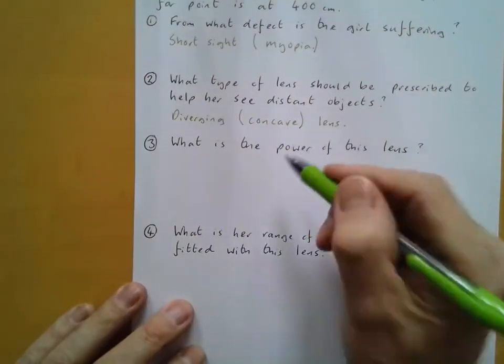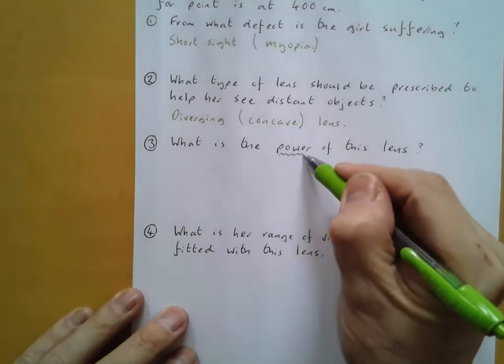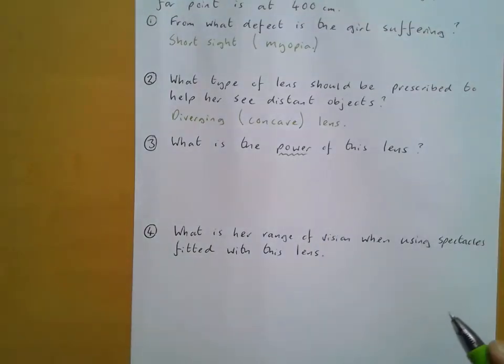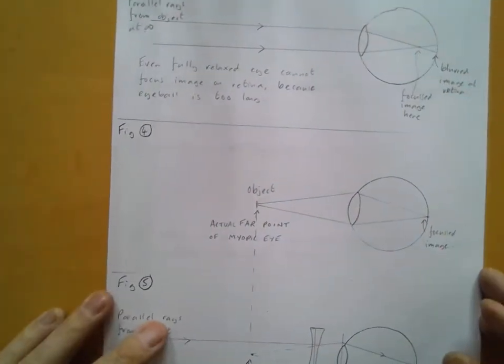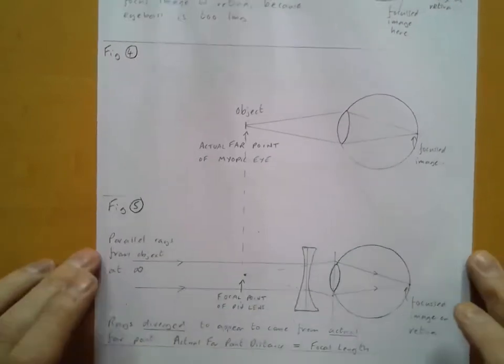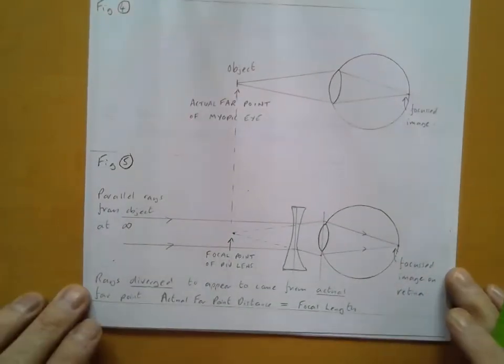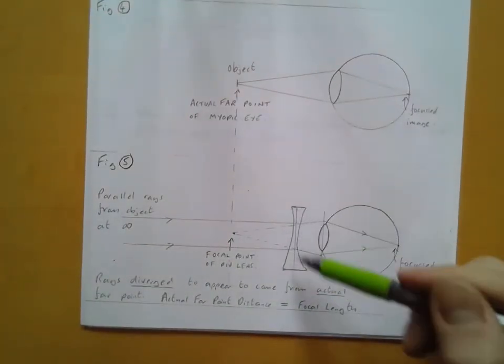Now, what is the power of this lens? Well, power is the reciprocal of focal length. So to find the power, we need to find the focal length. Let's go back and review again, and this might help. To correct short sight, what you need is a diverging lens.